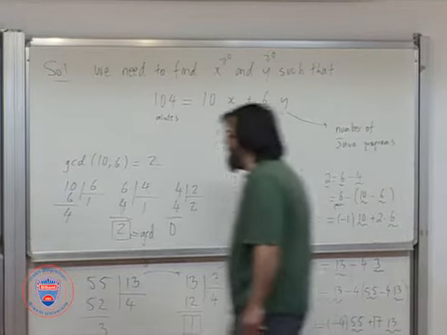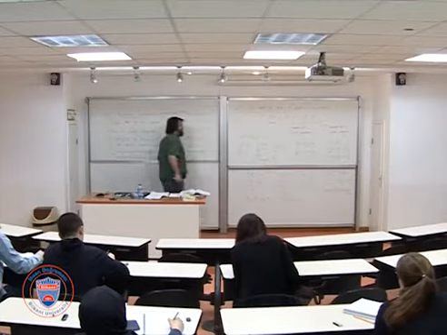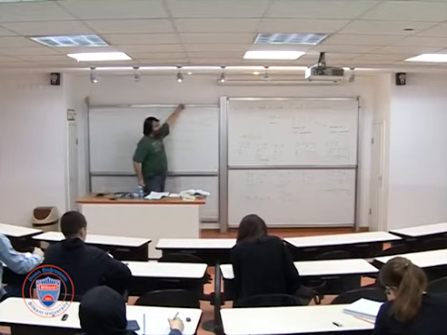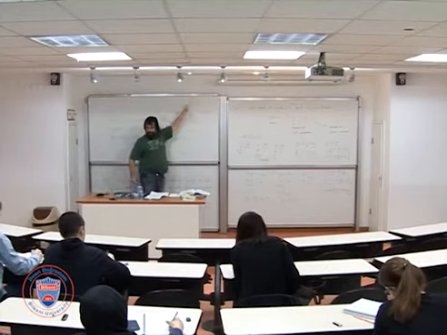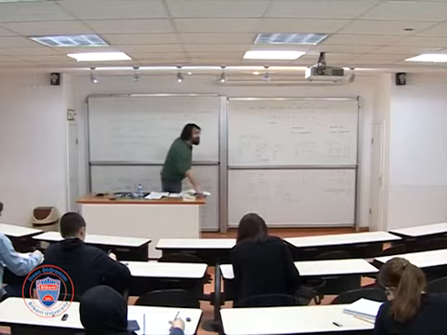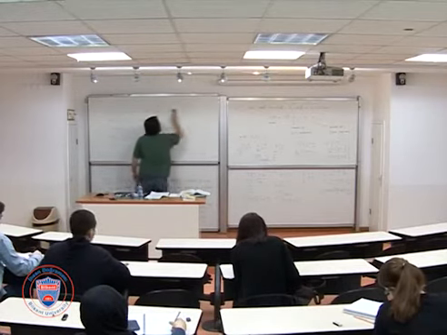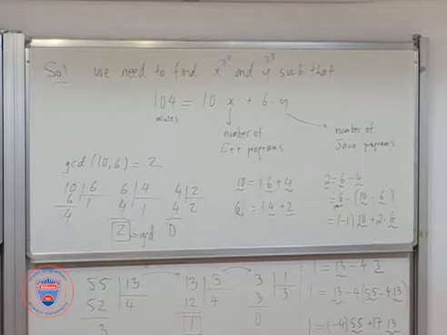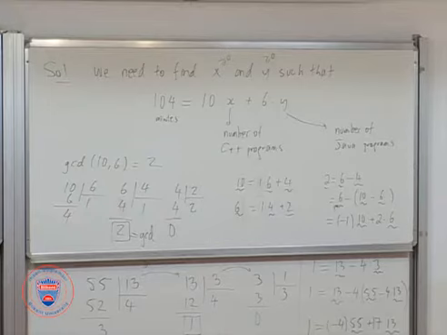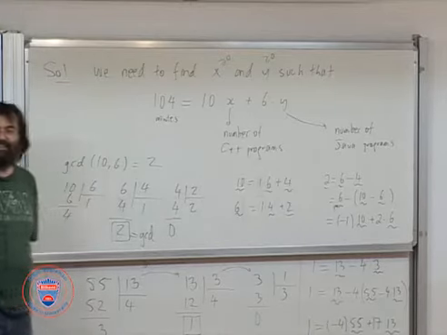So what do you do to get rid of this? How do you find x and y? Any ideas? How do I find this x and y using this?